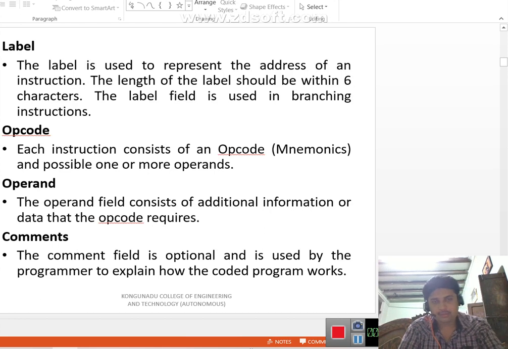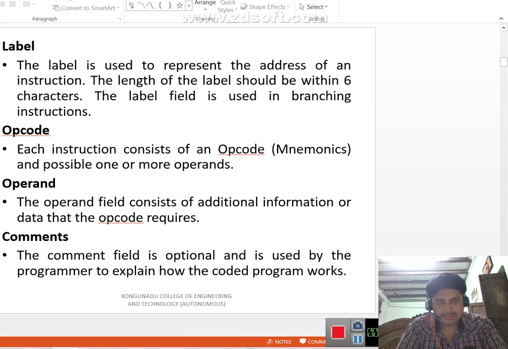Now let us briefly discuss what a label is. A label is used to represent the address, that is, what address the instruction has. It defines the address and also the length, how many characters are used. Generally the label has 6 characters in the instructions.